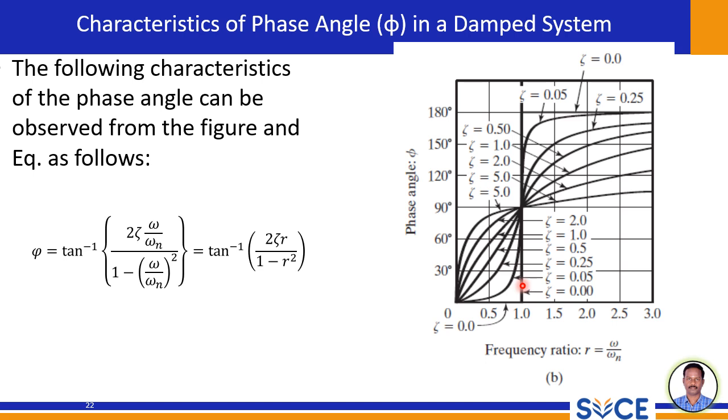This means the response lags the forcing function by 90 degree. The transition region where the phase angle goes from 0 to 180 degree becomes wider as the damping ratio increases. This indicates that damping smooths out the phase transition.